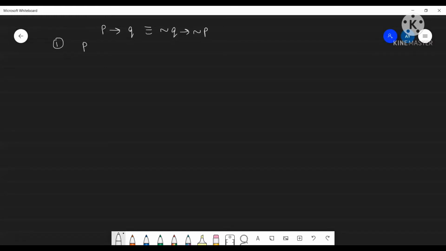That is, if P is biconditional to Q, is that logically equivalent to P or Q implies P and Q? Here, this is logically equivalent, this is biconditional, and this is implies, that is conditional. So now quickly look into the truth table.